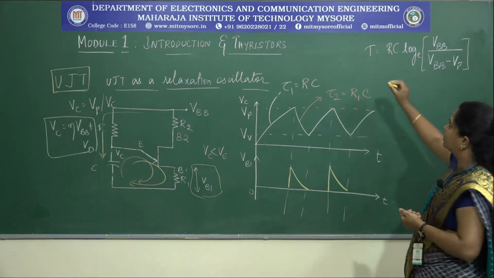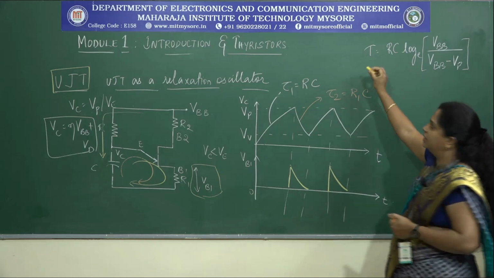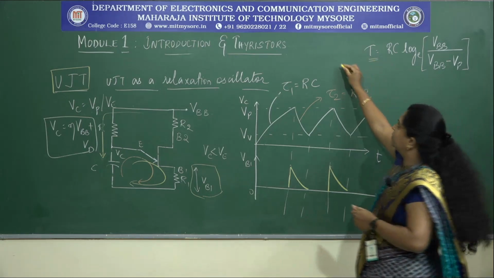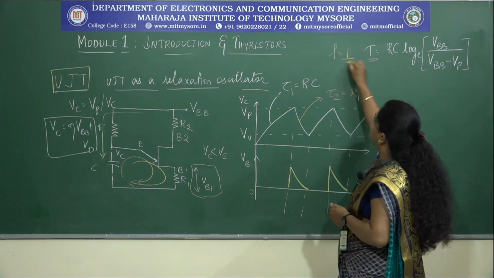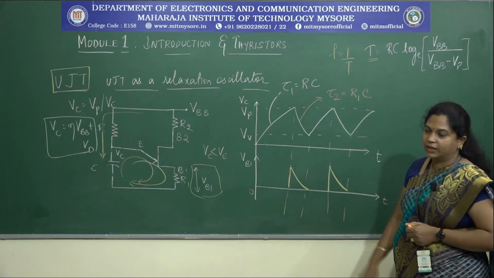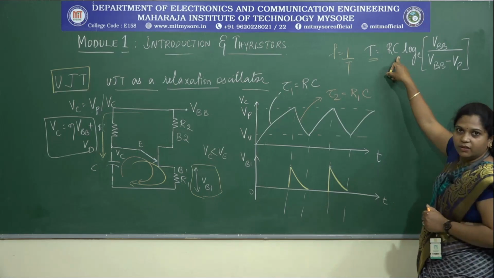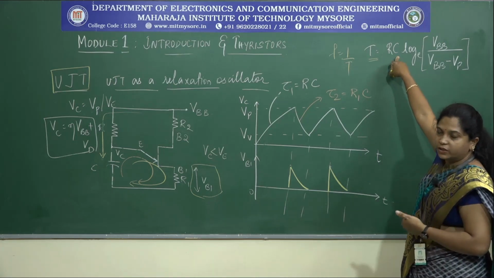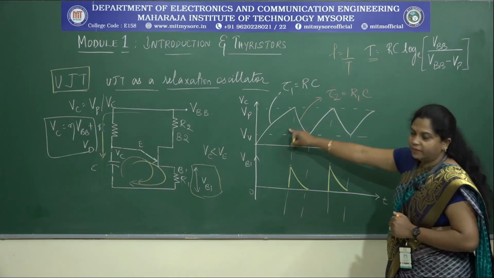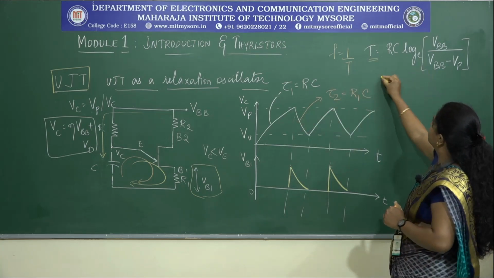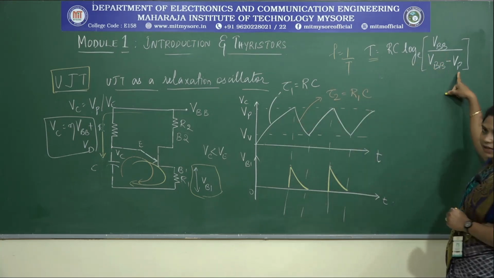To calculate the frequency, we have to first find out the time period, as we know that frequency is nothing but 1 by the total time period. So, the equation is given as RC, which is the variable component we use for charging time, and the formula is RC log to base e of VBB divided by (VBB minus VP).